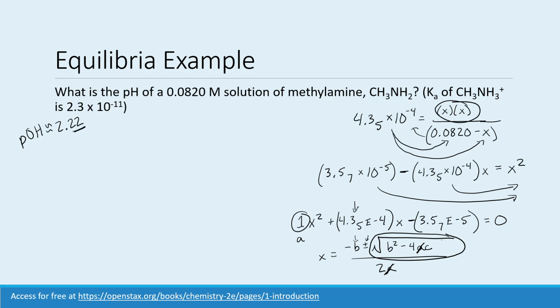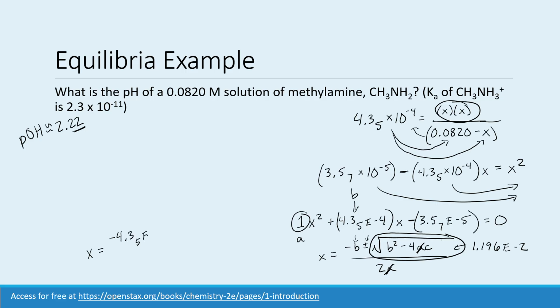Okay, so we're going to take the square root of b squared minus 4ac, and you'll find that that is equal to roughly 1.196 times 10 to the -2. And that is definitely bigger than the value of b, which is 4.35 times 10 to the -4, so much smaller magnitude there. Okay, so we're going to use the positive.